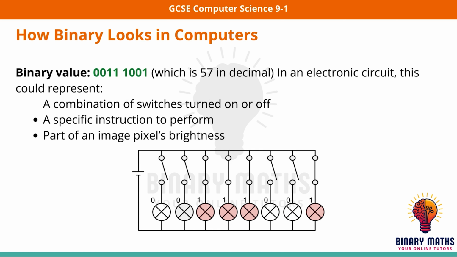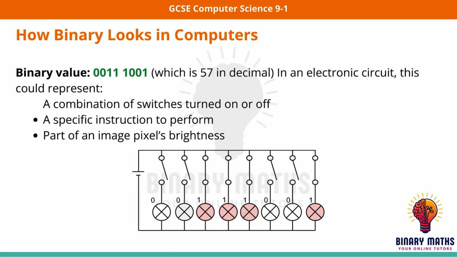Let's go back to that binary number 00111001. Imagine this as a row of 8 small lights or LEDs. Each light represents a bit. If the bit is 1, the light is on. If it's 0, the light is off.